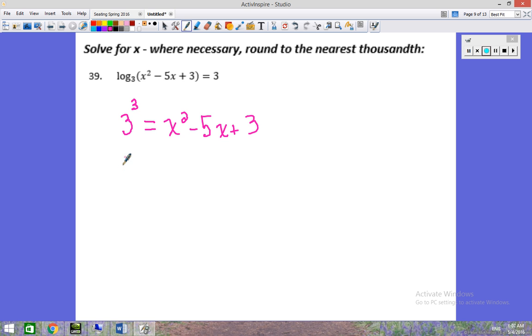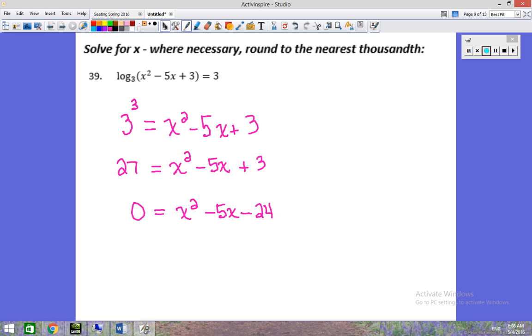So 3 to the third power is 27. We need to subtract 27 from each side to get this in standard form. 27 minus 27 is 0. And 3 minus 27 is a negative 24.